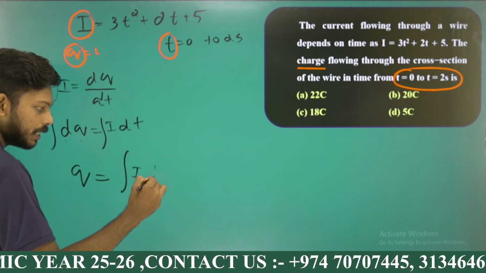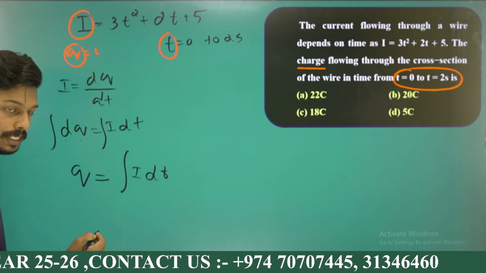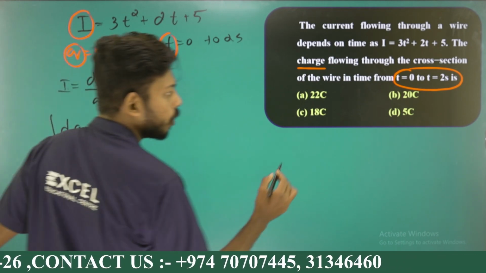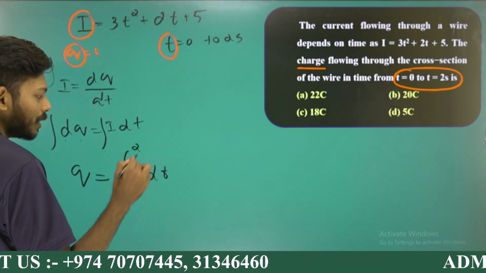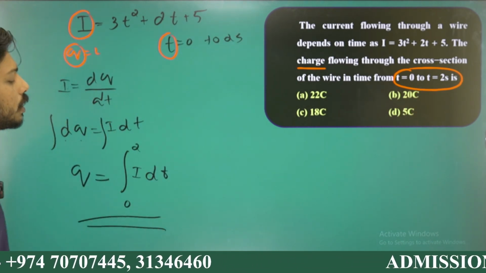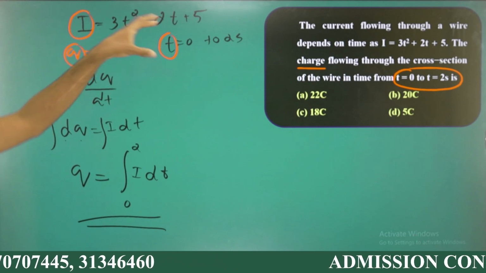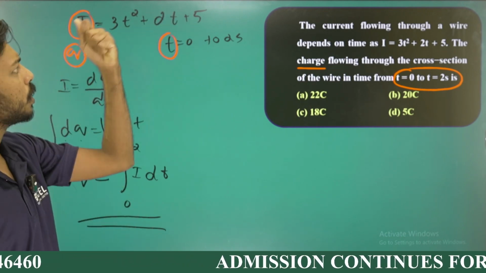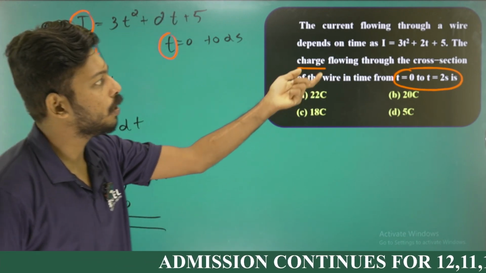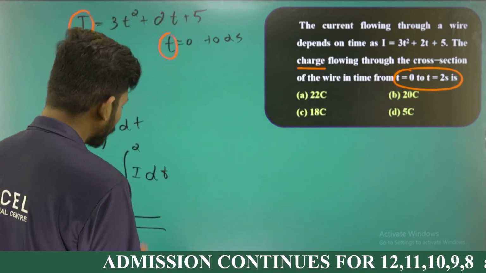Q is equal to integral of I dt, with the integration starting from 0 and ending at 2. So Q is equal to integral from 0 to 2 of I dt. You integrate this equation, then you will get the value for charge.